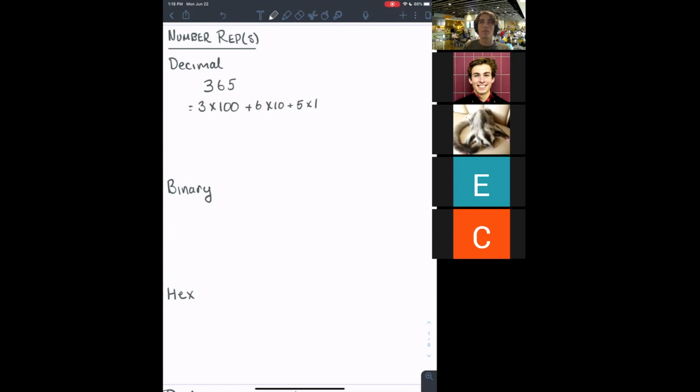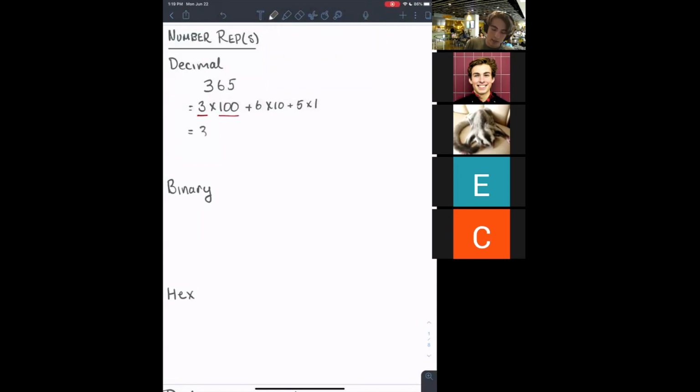And we see this pattern emerging where I have some digit, some number less than 10, 0 through 9, times some power of 10. And the total number is expressed as the sum of digits times powers of 10.